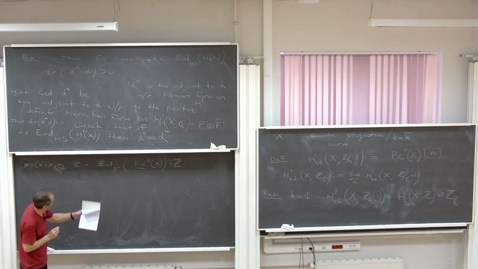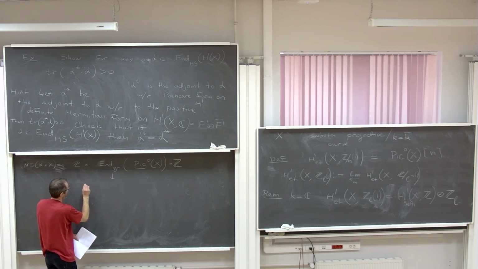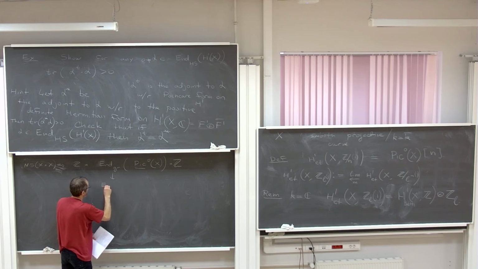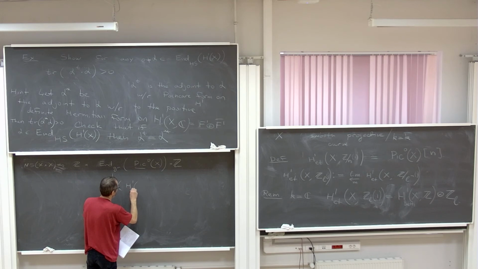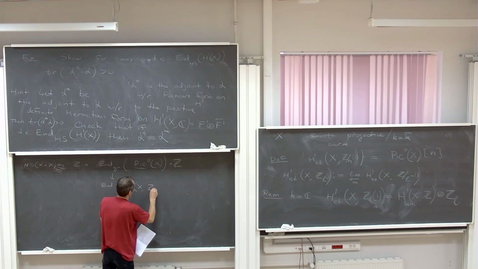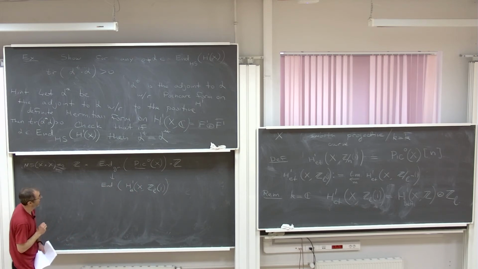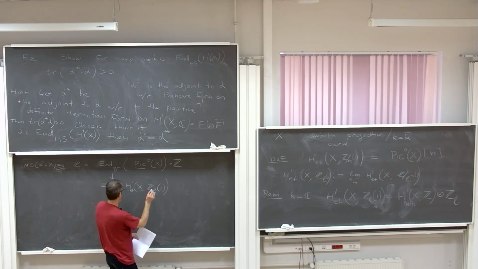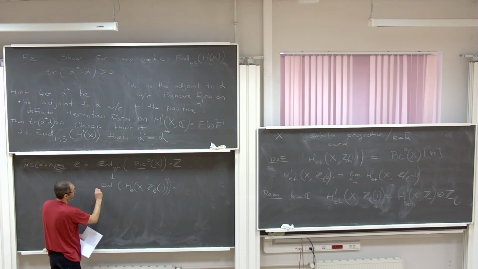And now this group maps to, well, I will say endomorphisms of H1 étale of X with ZL(1) coefficients times, well, this is a ZL module, so let me put ZL also here.